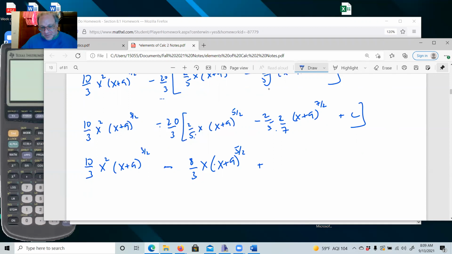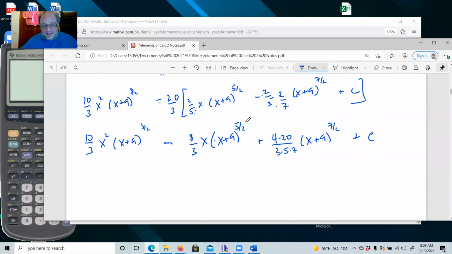So that's going to be 4 times 20, times 3, times 5, times 7, and that's (x plus 9) to the 7 halves. 20 thirds times a constant, that's a constant.